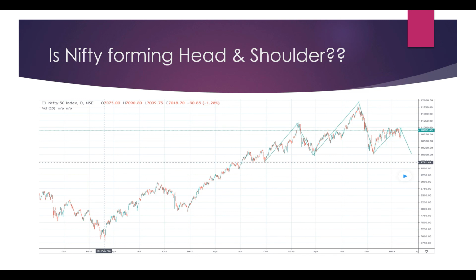This is a question mark. We still need to wait for that neckline to be broken, and on a daily chart, the neckline is somewhere around 10,000. Now let's wait and watch how this unfolds.